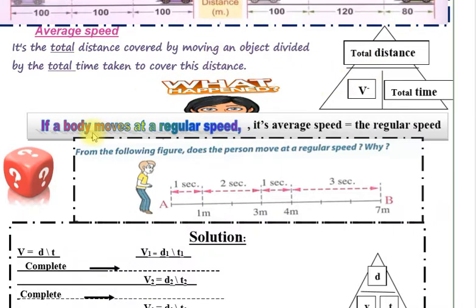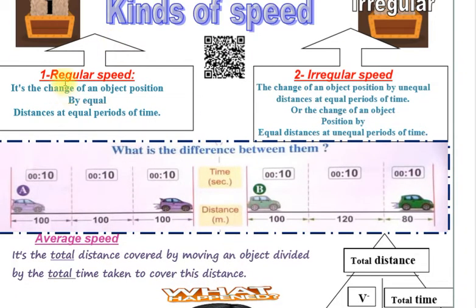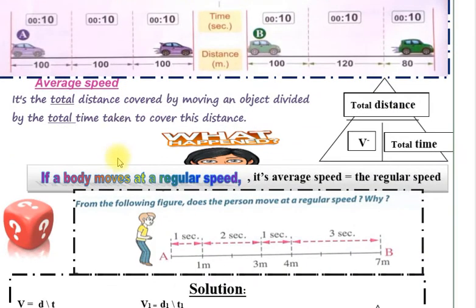But what if the body moves at regular speed? When the object moves at regular speed, we don't have an average speed. One more time, we said before that the regular speed can be measured by the original law, distance divided by time. What about the irregular speed? By the average.